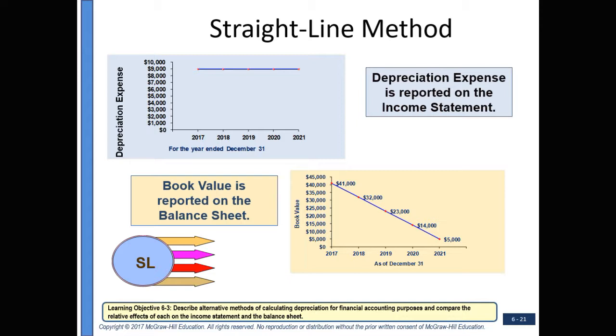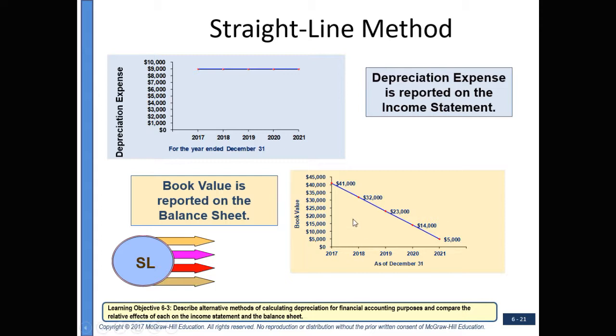Your depreciation expense every fiscal period is reported on the income statement. We then continue to accumulate in the accumulated depreciation contra account, the accumulated depreciation that is used to calculate the net book value of the asset, which is then reported on the balance sheet.